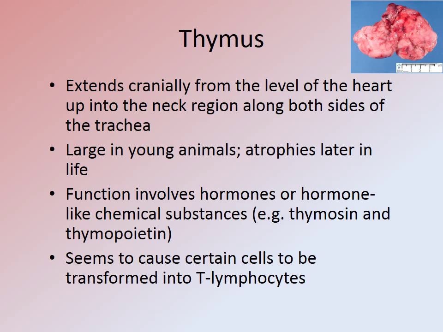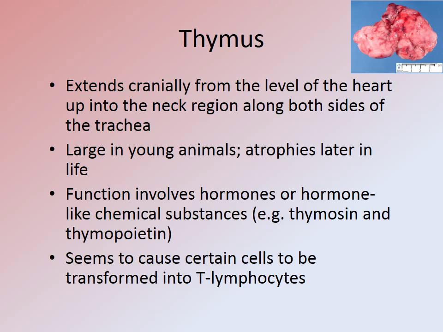The thymus. This is kind of a funny one because it's not always talked about or considered a part of the endocrine system, because it disappears in older animals. But it extends cranial from the level of the heart up into the neck region along both sides of the trachea, so similar to the thyroid. It's very large in young animals, but it atrophies later in life and then turns into just a fatty mass and has no function.